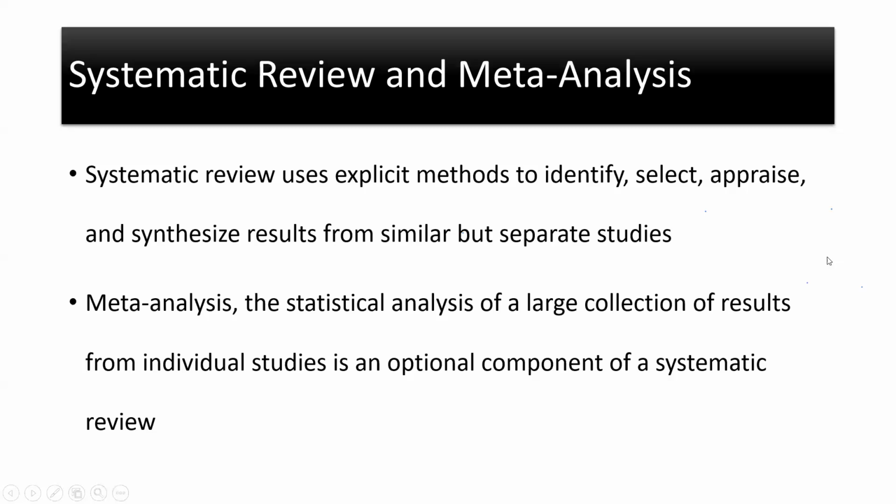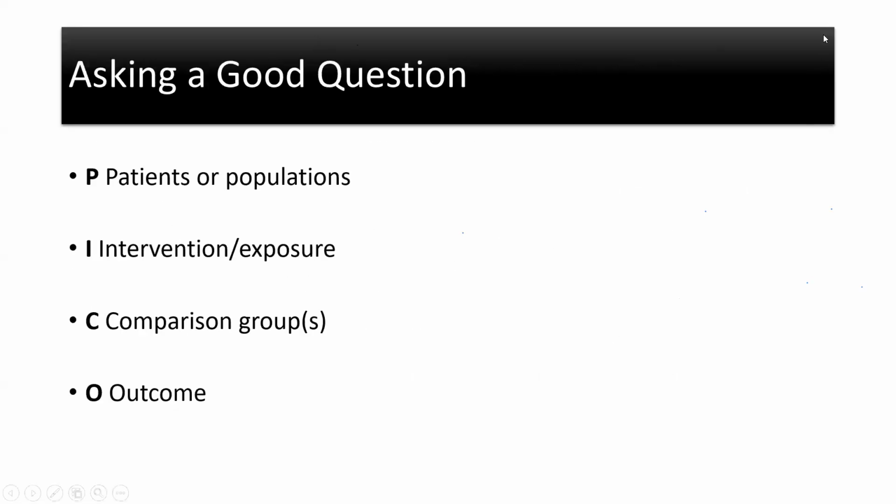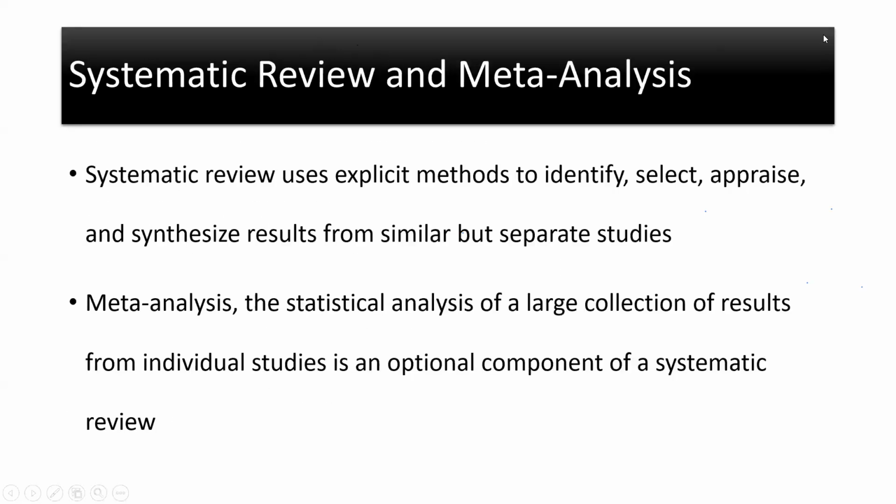So systematic reviews, as we see, have explicit methods to identify, select, appraise, and synthesize results from similar but separate studies. And the other thing, meta-analysis. This is statistical analysis of a large collection of results from individual studies, an optional component of systematic review.